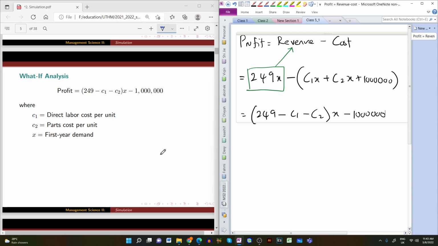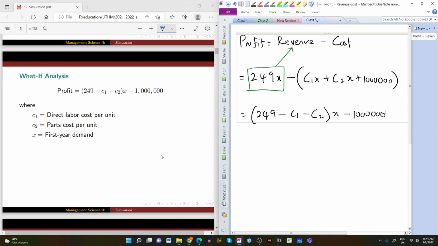Once we develop this profit equation based on the input parameters, we're going to find out the profit based on some scenarios. It is not only one scenario. When I say scenario, it's based on some situation, some condition, environment. We are going to go through many kinds of scenarios based on the labor cost and part cost.